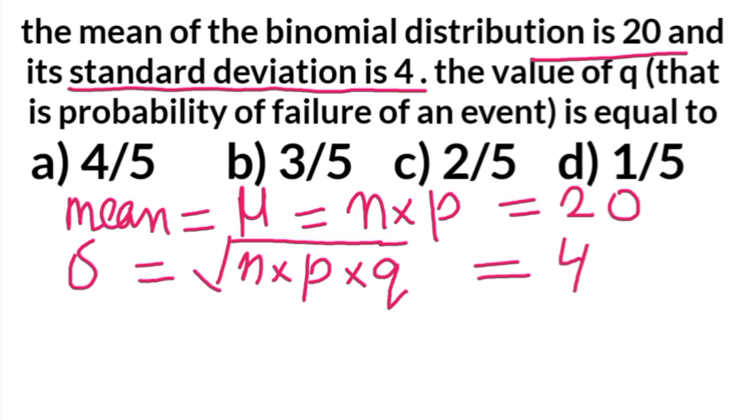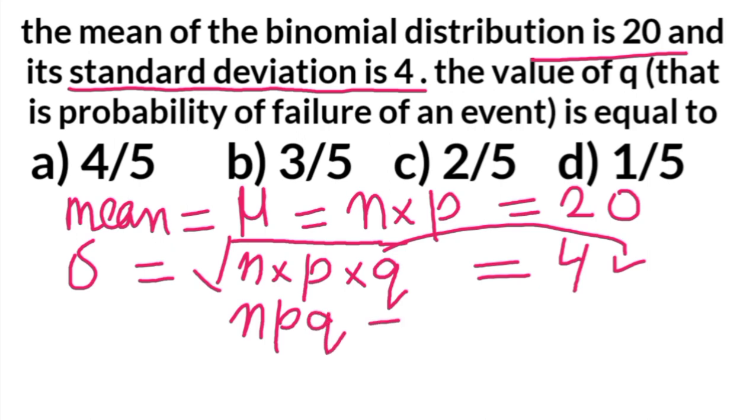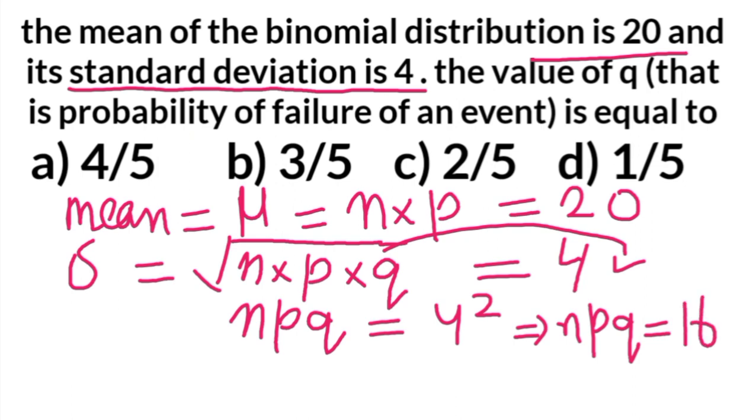When further solving this, we will transpose this square root to the RHS, so our npq is equal to 4 square, which implies npq is equal to 16, since 4 4s are 16. When transposing the square root to the RHS, it becomes a square, so 4 square is 16.